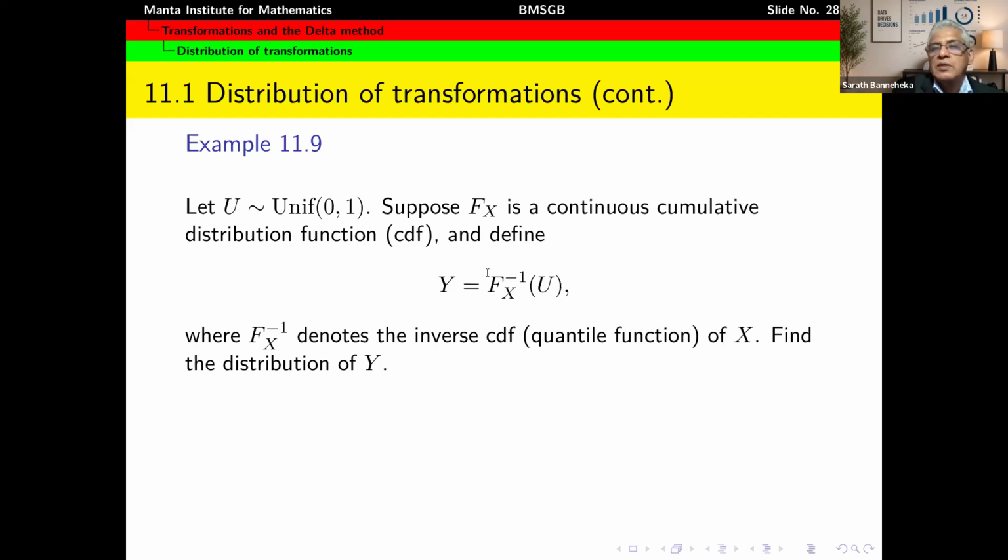The inverse cumulative distribution function can be calculated using the functions starting with Q: qnorm, qexp, qgamma, and so on. So that will be given by the quantiles.